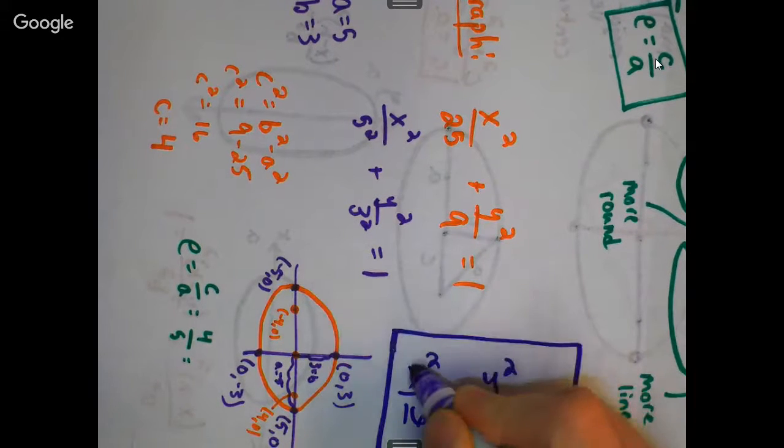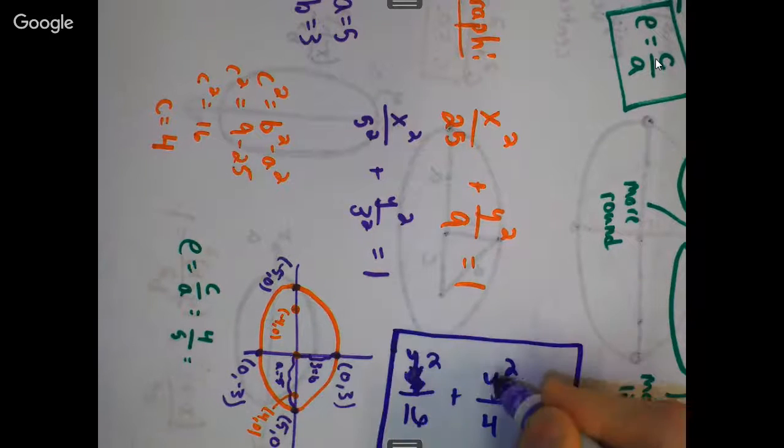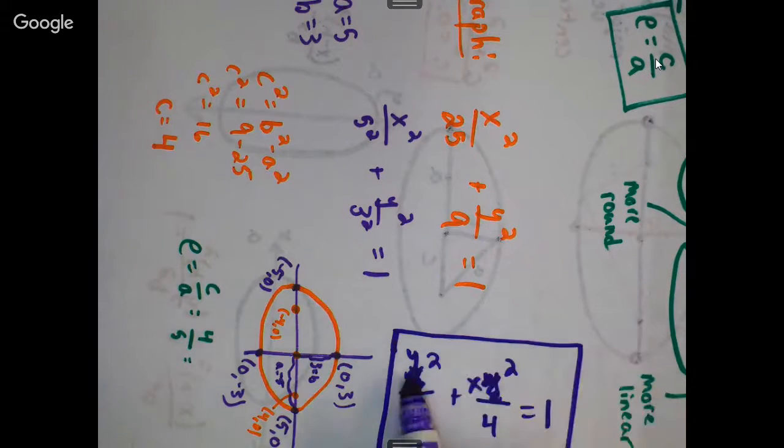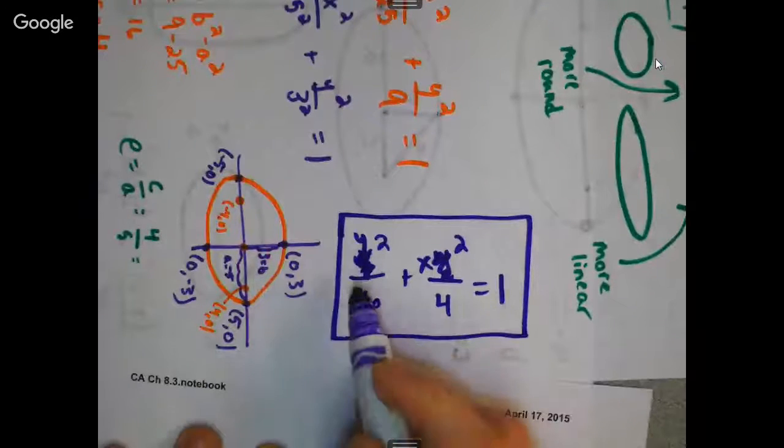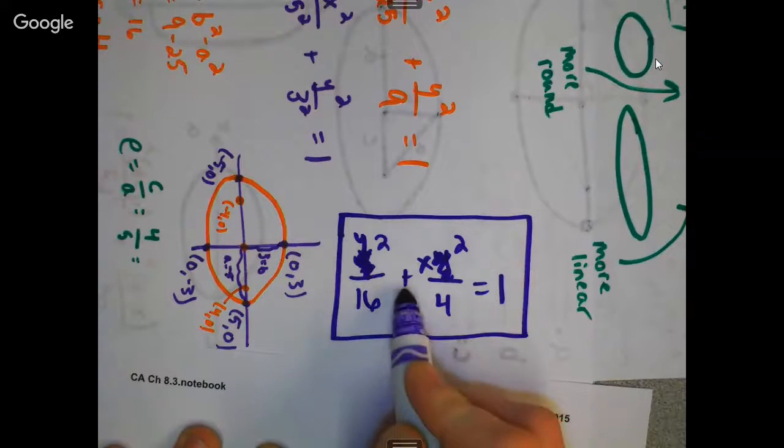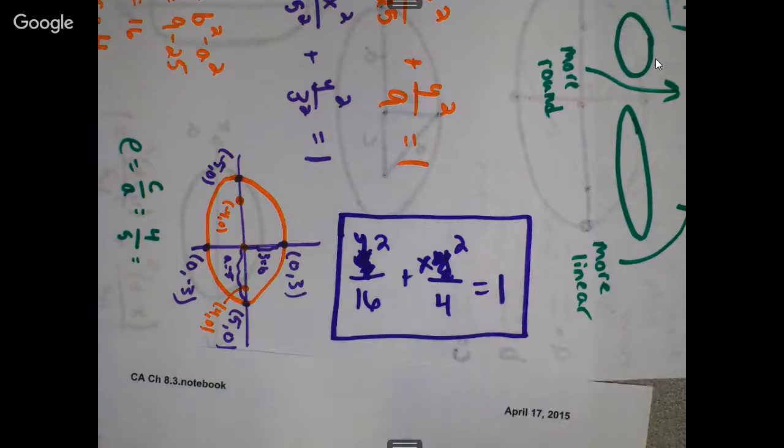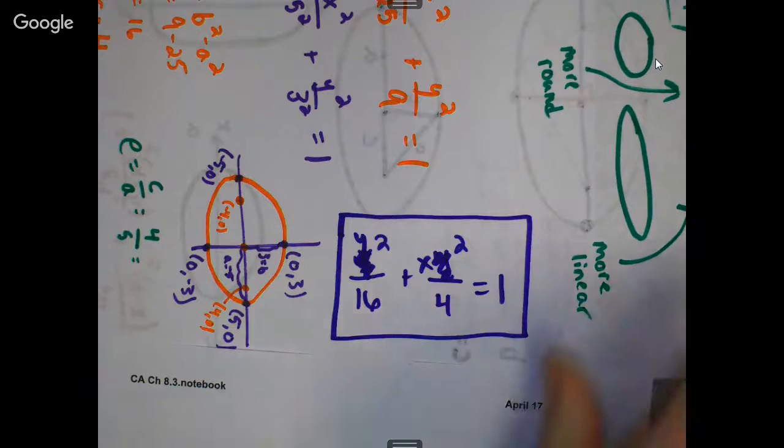Oop, this is a Y. That's an X. So sketch a graph for this. Y squared over 16 plus X squared over 4 equals 1. And those are your 3 questions. Come to class with them.